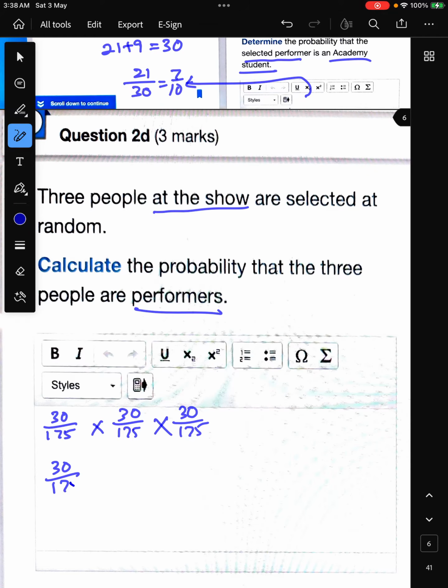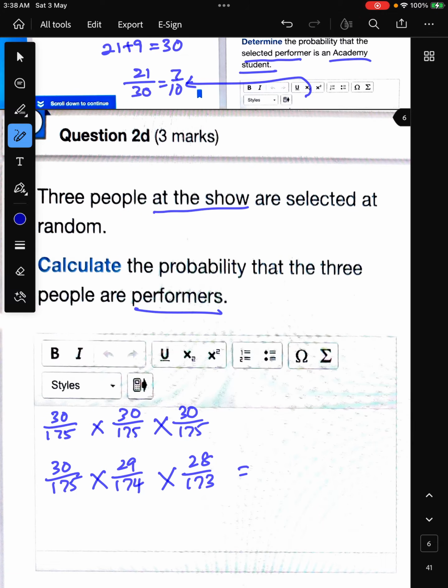Another possible answer is 30 over 175, times 29 over 174, which means that we assume that every time you pick one person, there's one person less at the show, so this is without replacement, and then we would have 28 over 173.